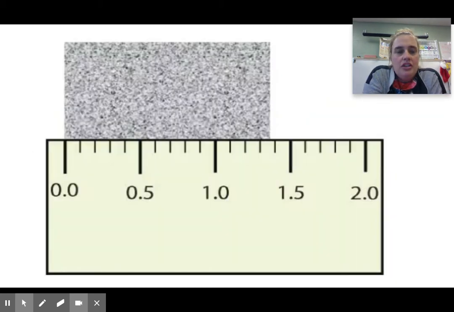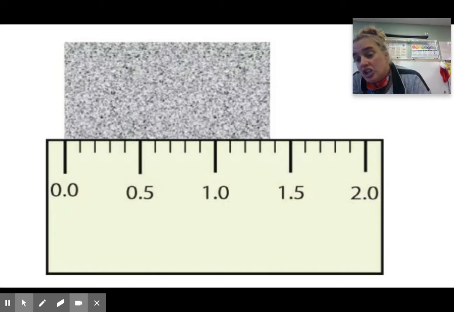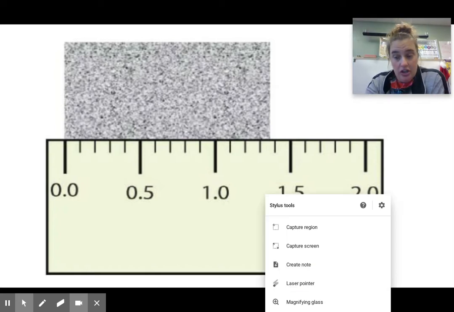Now, when we measure things, we also have to be accurate in terms of what we are measuring. If we look at this block right here, what do you think the measurement would be? The way that we measure something is we first record the numbers that we are absolutely positively certain of.